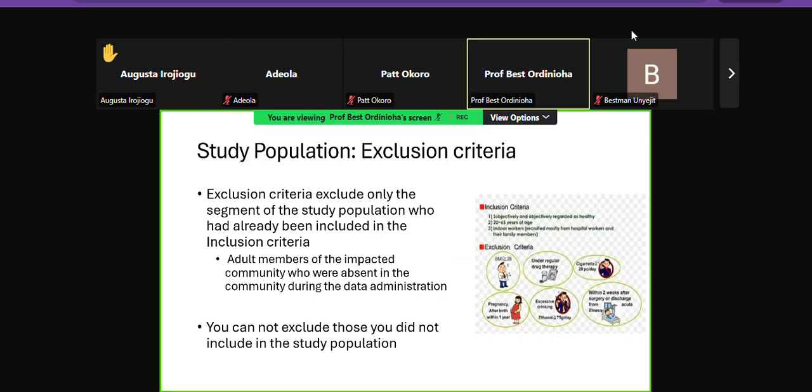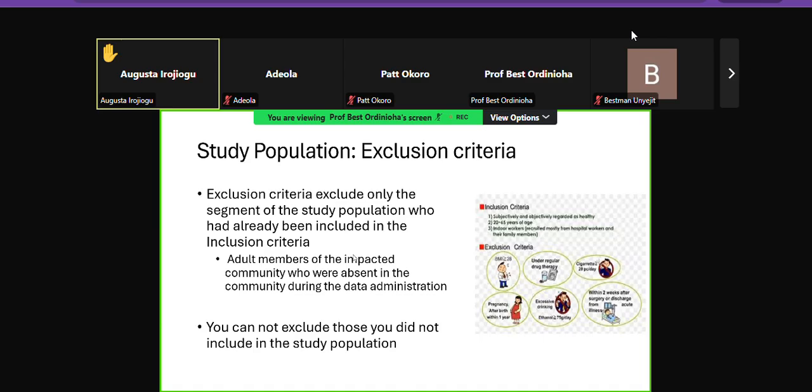I still want you to throw more light on this study population, because from the slide I read a place that said, if you are carrying out a study among medical students in Uniport, it means these medical students are representing the whole medical students in Nigeria.